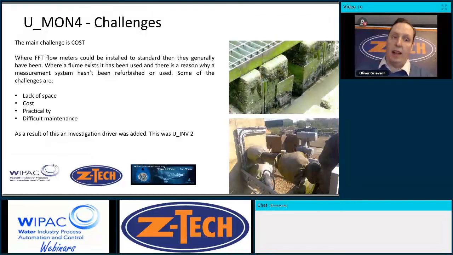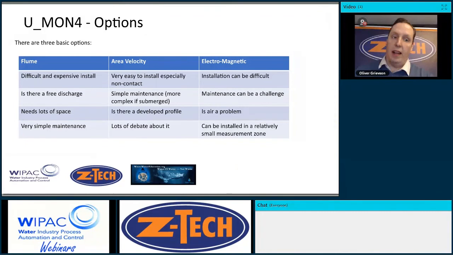And equally, where you have a simple weir, it's easy to install, but as you can see in the pictures, simple weirs don't necessarily exist. In the top picture, you have a nice, very large, curved storm weir. As I said earlier, you've then got a penstock immediately downstream of the storm weir.